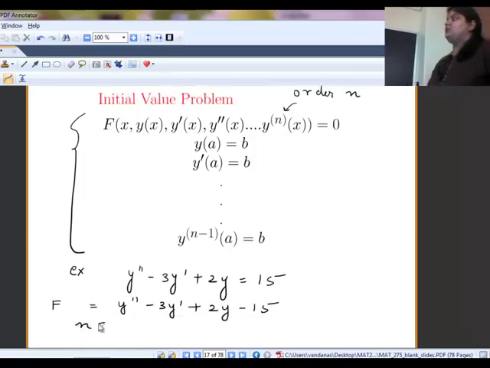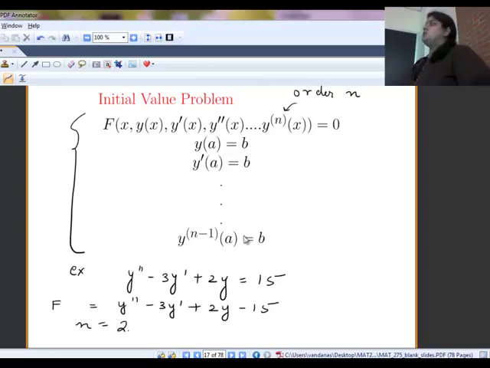So if n is 2, how many initial conditions do you have to specify? n minus 1 is 1, so up to the first derivative, which means you need 2 of them.